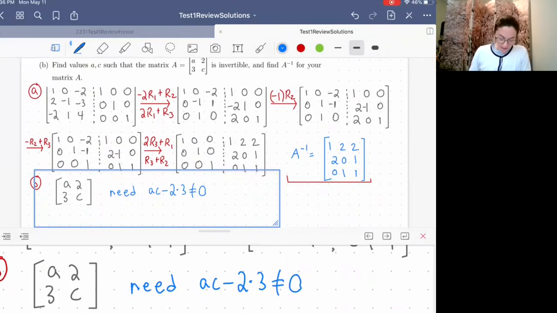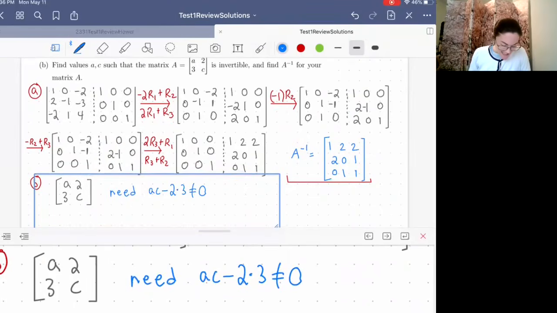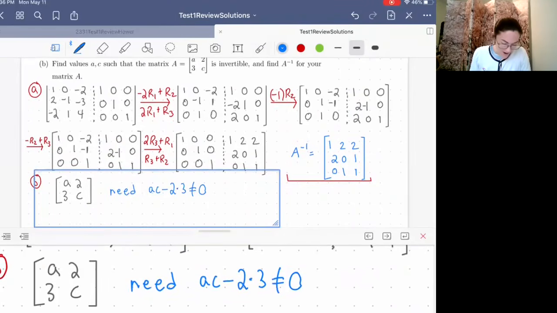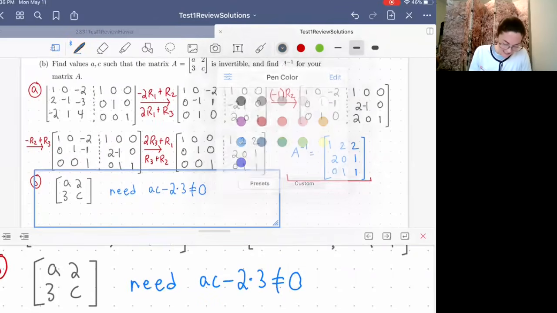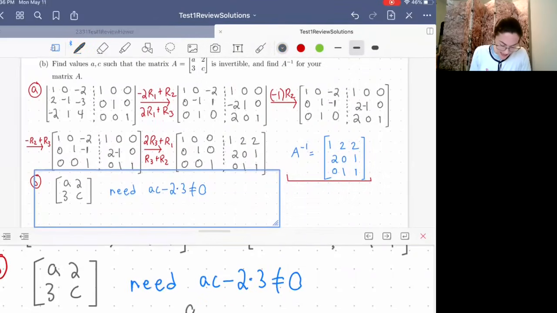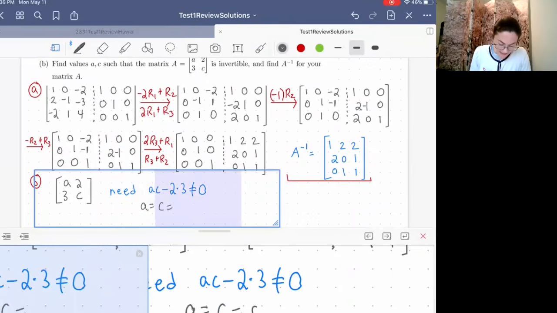But I'm going to pick, what's the easiest we could pick? Well, either both 1 or both 0, right? Because that would make the matrix pretty easy. So let's make them both 0. So I'm going to choose A and C to be 0.